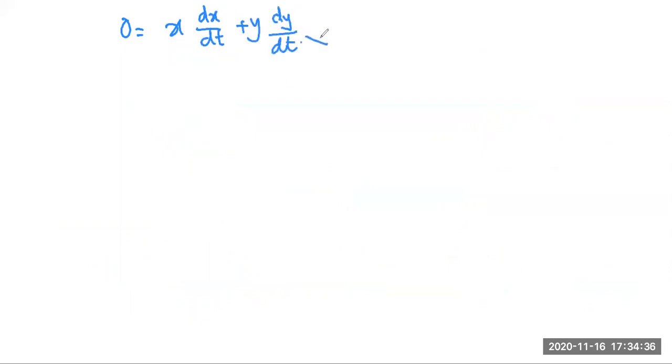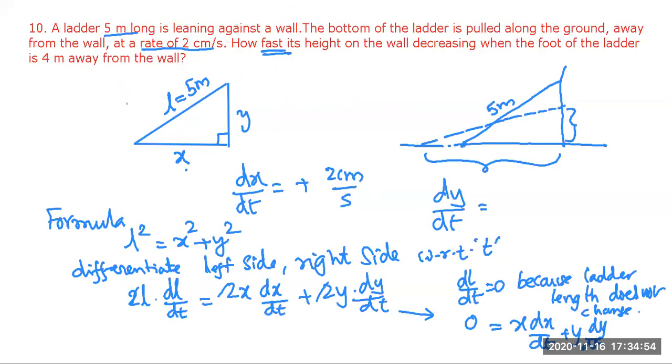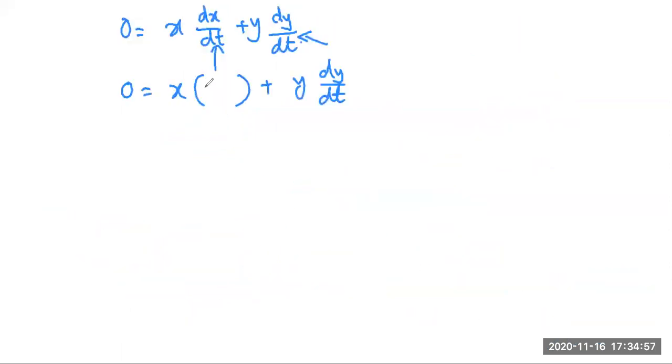So we need to find this. We have this, and let's see what else we have. 0 equals x into dx by dt, which is given, plus y into dy by dt, which we need to find. Going back, dx by dt is plus 2 centimeters per second. Now how do I get x and y?